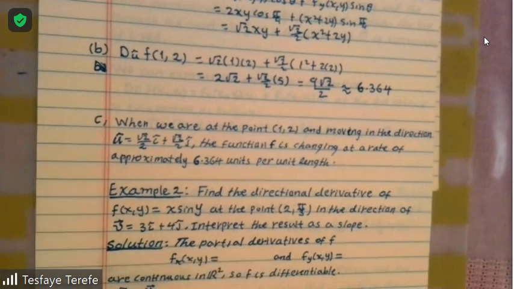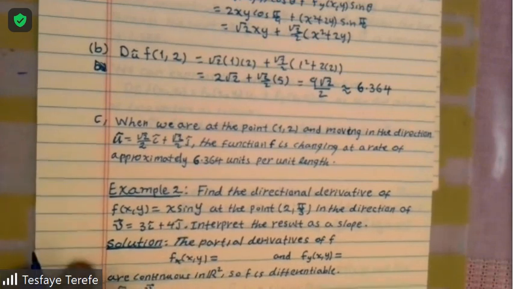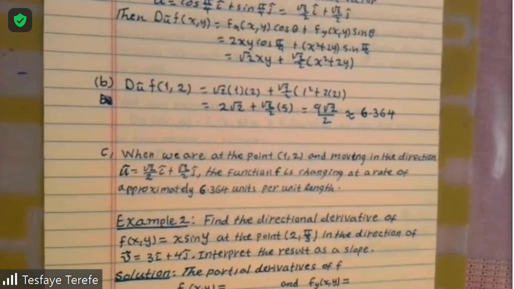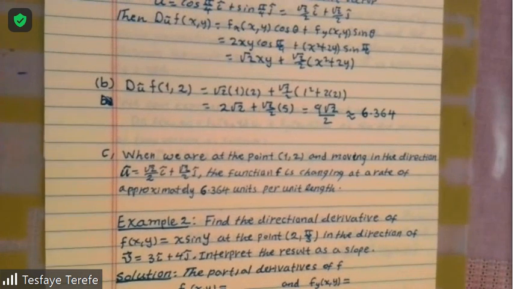So the first thing first, find the partial derivative. Obviously, this is trigonometric and polynomial, so the partial derivative is going to be continuous in all real numbers. So it is differentiable. Then find the vector and find the directional derivative. Go ahead.